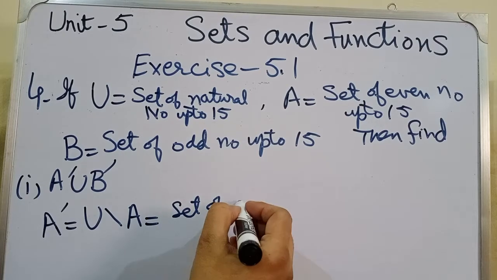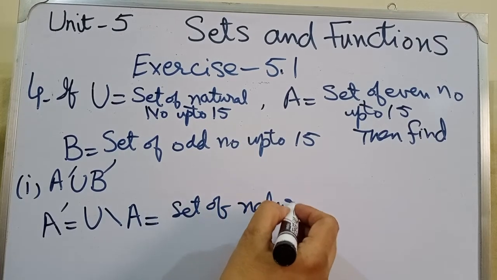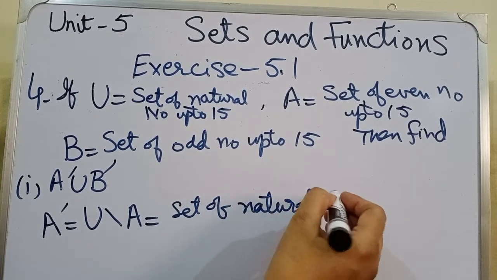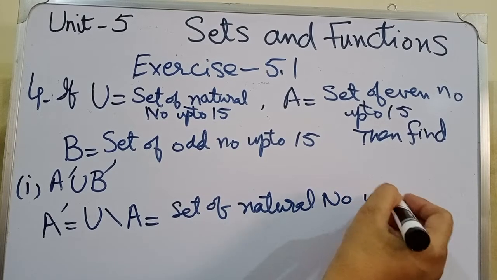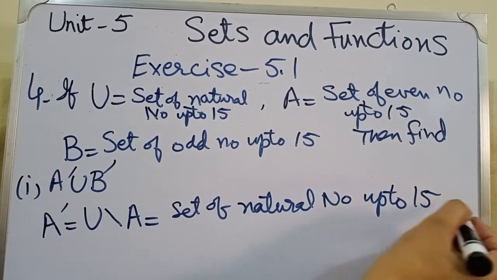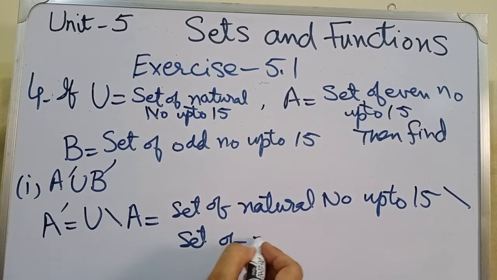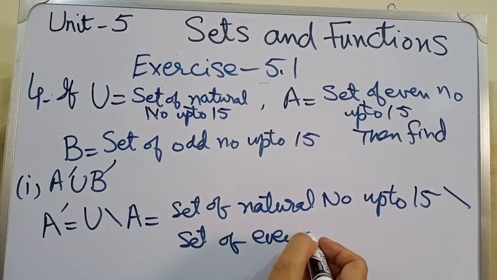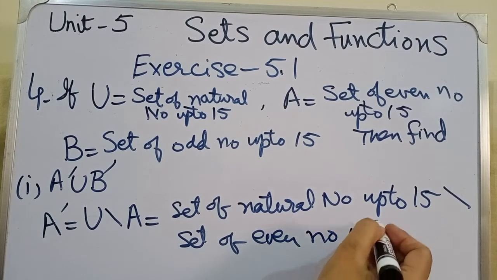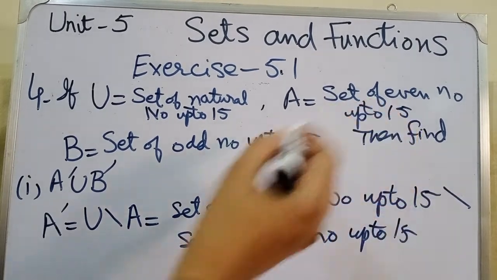Set of natural numbers up to 15 minus set of even numbers up to 15, this set.